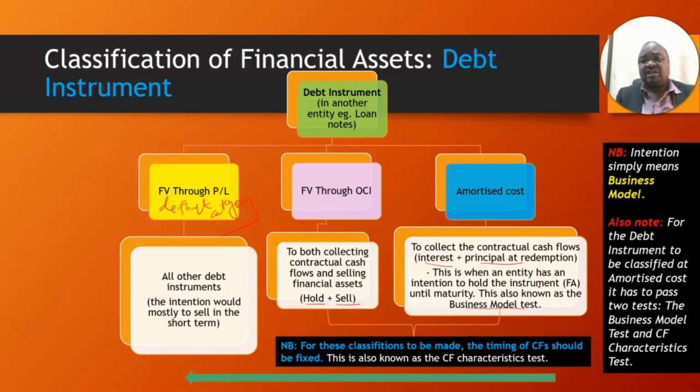What about the contractual cash flows test? The contractual cash flow characteristics test. This one says that for the classification to be made, the timing of cash flows should be fixed. So in both cases, fair value through OCI and amortized cost, we should have some fixed timing in terms of cash flows. The cash flow timing should be predictable. There should be a certain period of time the investment should run.